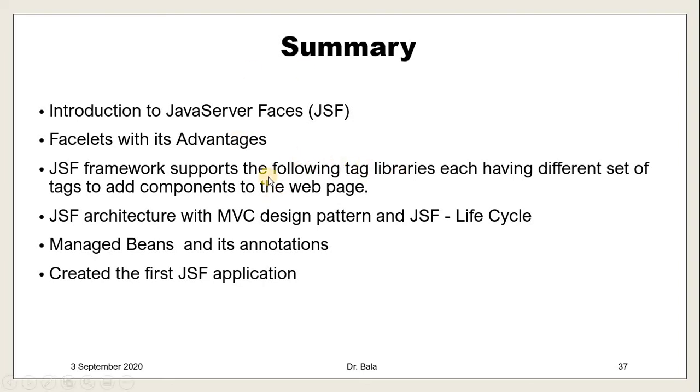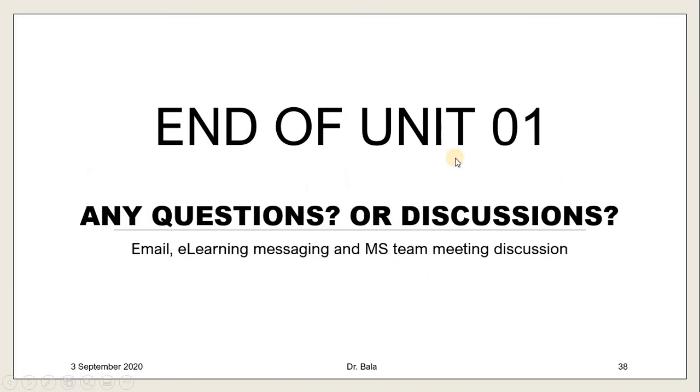All these libraries we discussed. Next we discussed JSF architecture with its life cycle. In the third video we discussed managed beans with their annotations. And in this last video we discussed how to create our application. So this is the end of the unit.